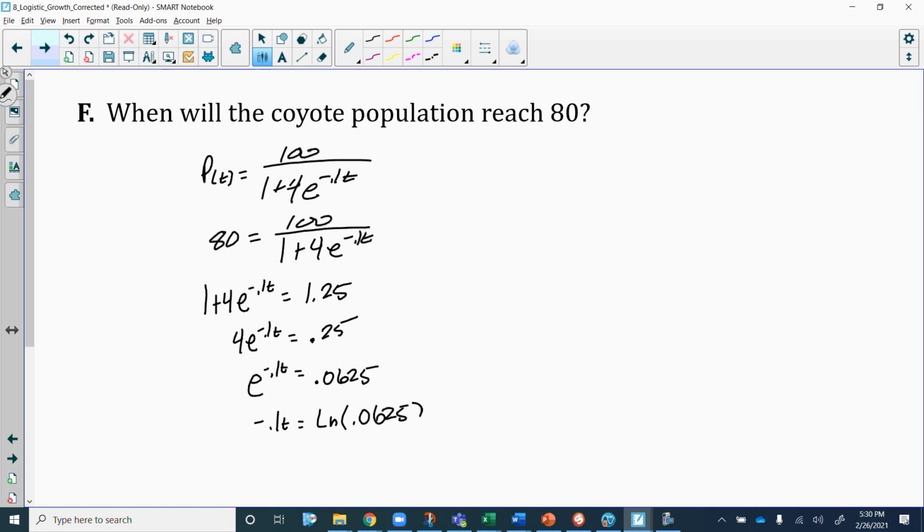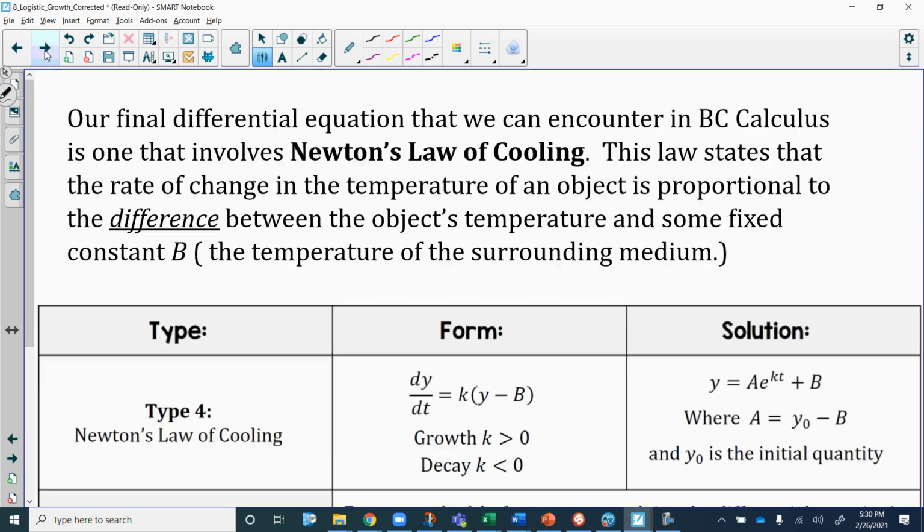Divide that by negative 0.1, and you'll get time to be approximately equal to 27.726 years. So there's that one.